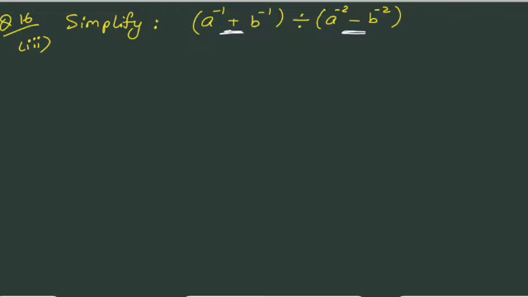But if you look at the individual terms, they have negative powers, and we have the rule for negative power: a raised to negative m, you take the reciprocal of the base, 1 upon a raised to m. We do not have any rule for addition and subtraction of different bases.